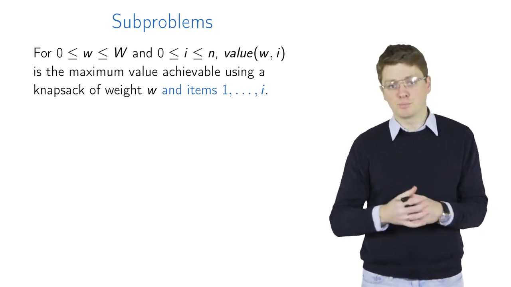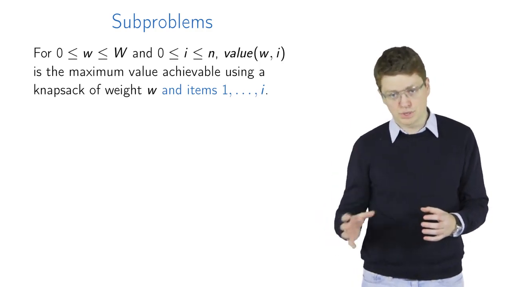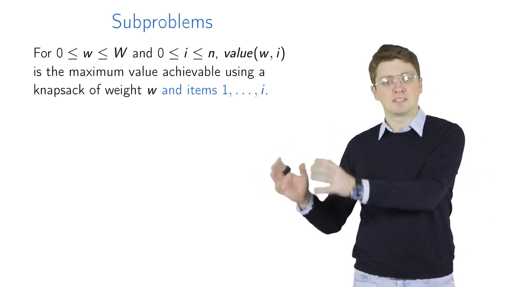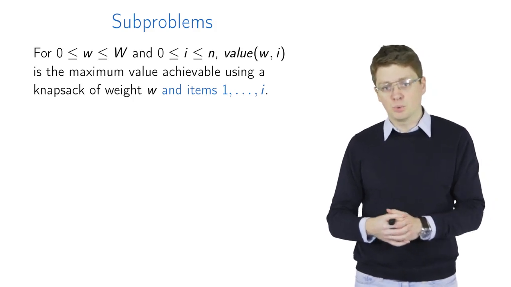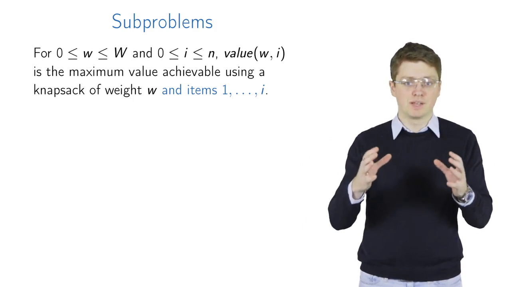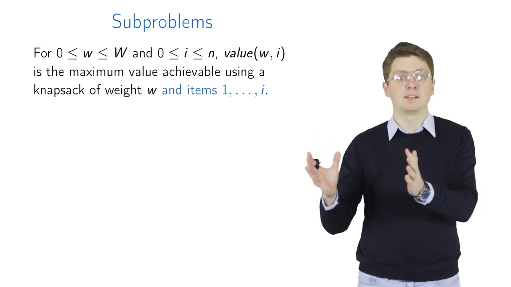We might continue this process and express the solution for all two subproblems through solutions to four subproblems. If we continue in the same fashion, what we get somewhere in the middle is a solution for a knapsack of some weight that uses some first i items.